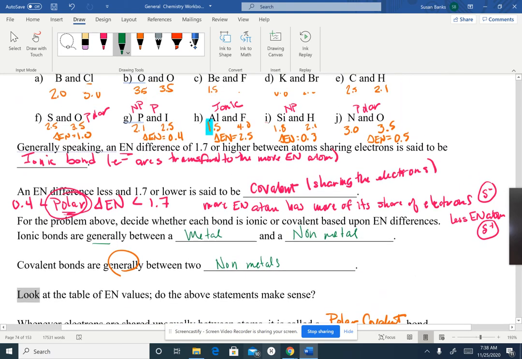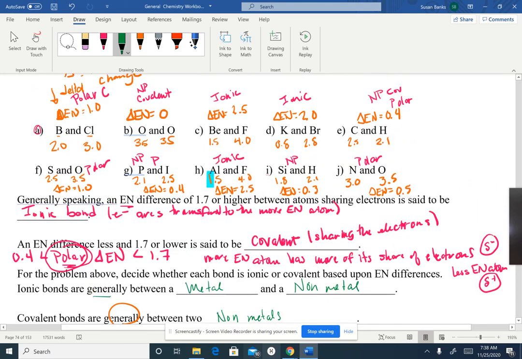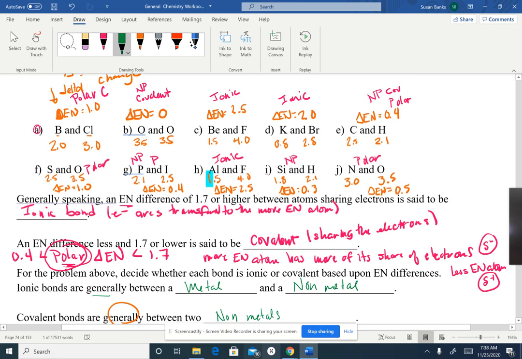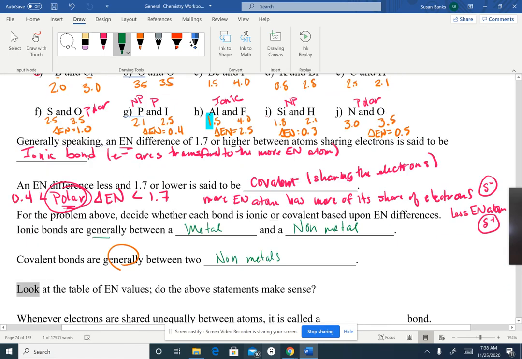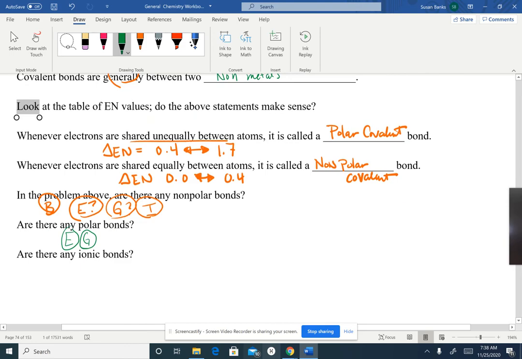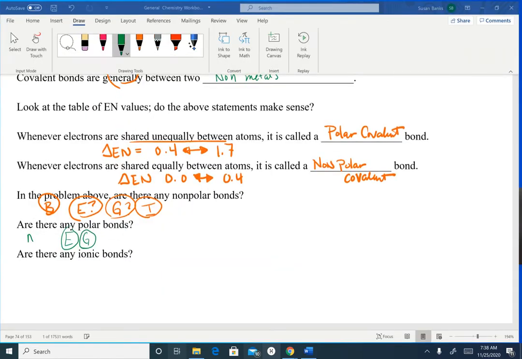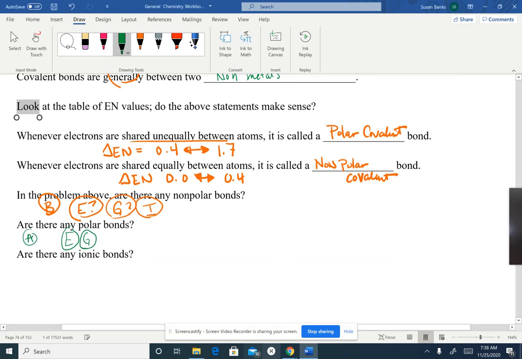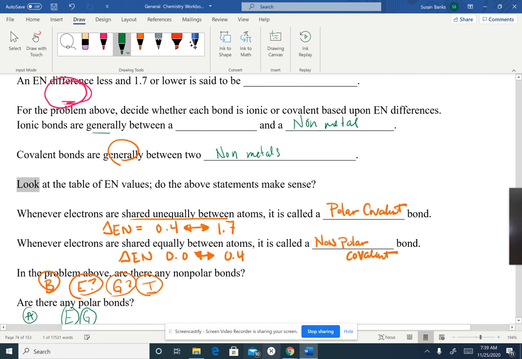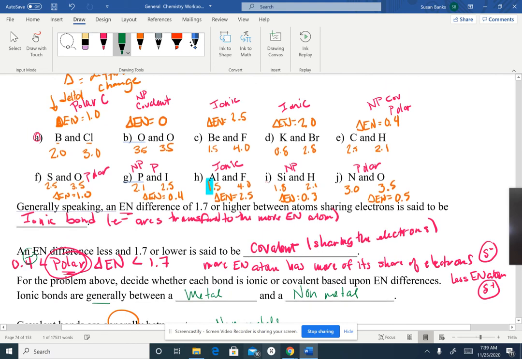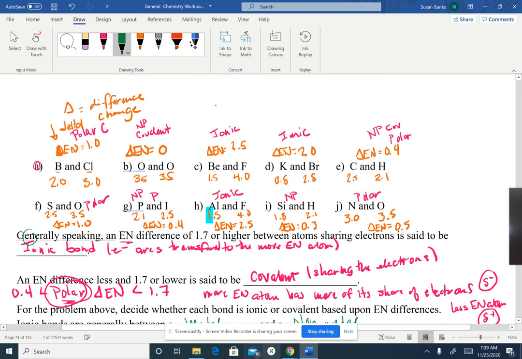Okay, let's look for our polar bonds. Okay, so A is definitely polar. So we're going to put A down there. A is polar. Let's see. B is nonpolar. C is ionic. D is ionic. E we already have down there.